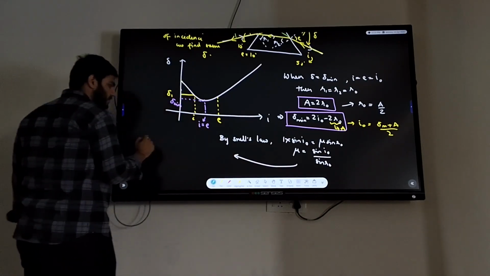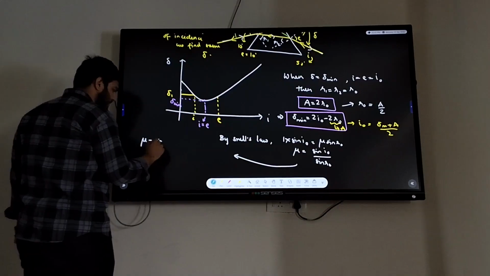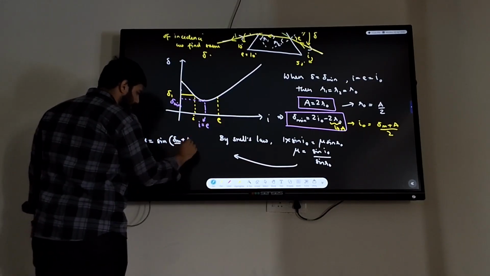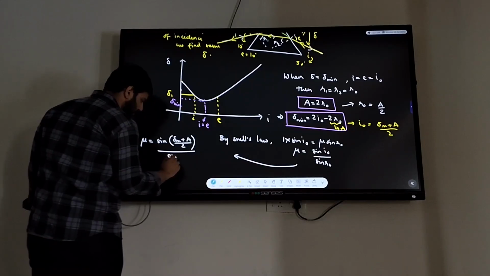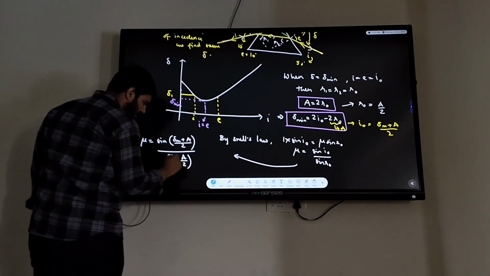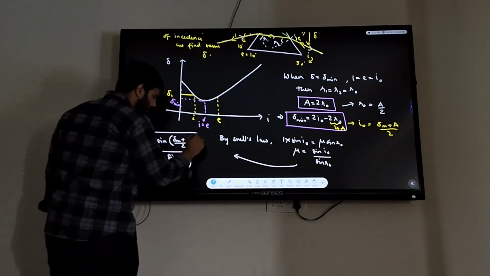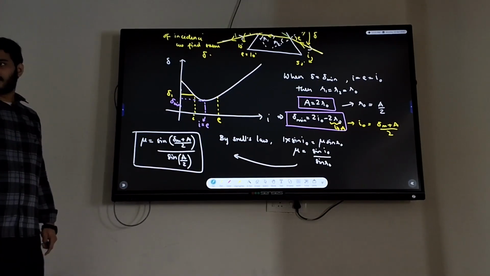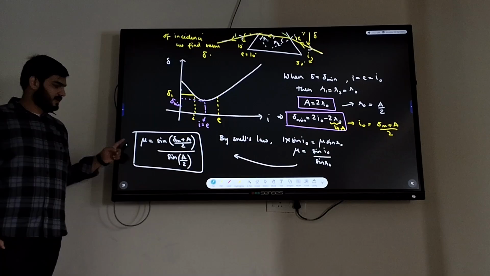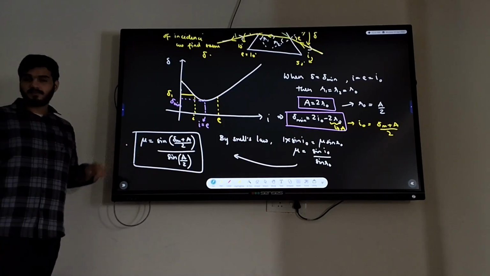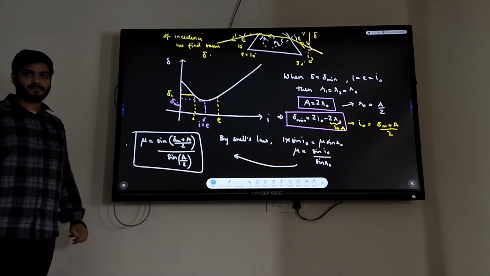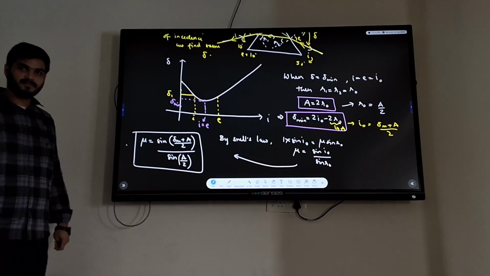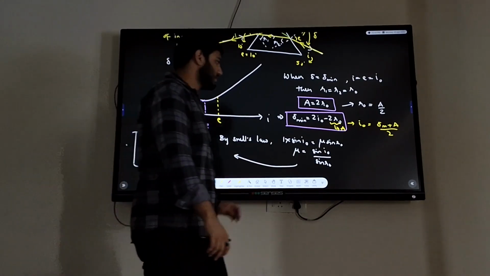Mu is equal to sine of delta min plus A divided by 2 upon sine of A. Have you seen this formula before? This is the mu of prism, by the way. Did you understand? Fairly simple derivation.